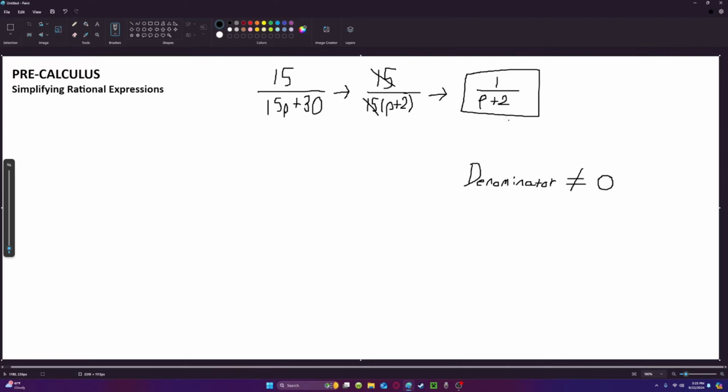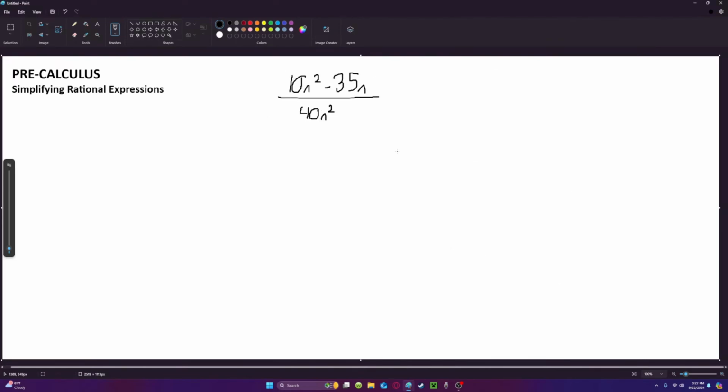So what could p be that would make the denominator 0? Well, -2, because -2 plus 2 equals 0. So for our excluded values, p cannot be -2, and we're going to include that in our final answer.